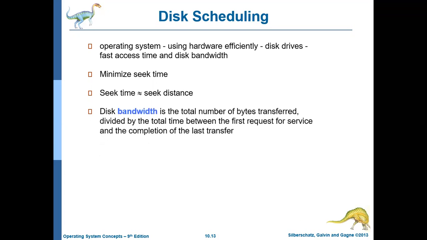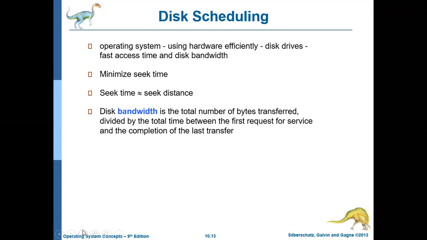And what is disk bandwidth? Disk bandwidth is the total amount of bytes transferred divided by the total time between the first request for service and the completion of the last transfer.